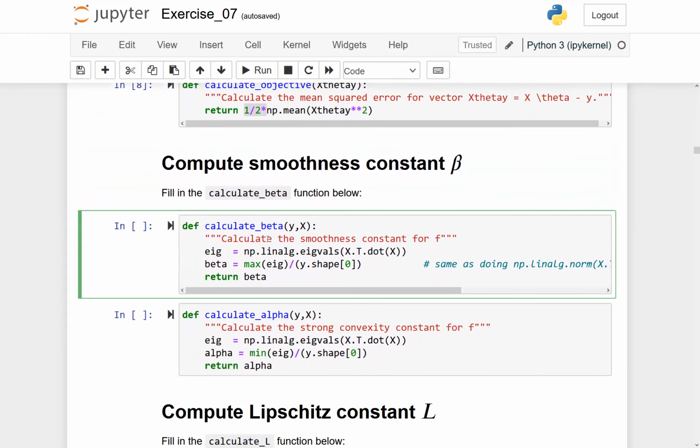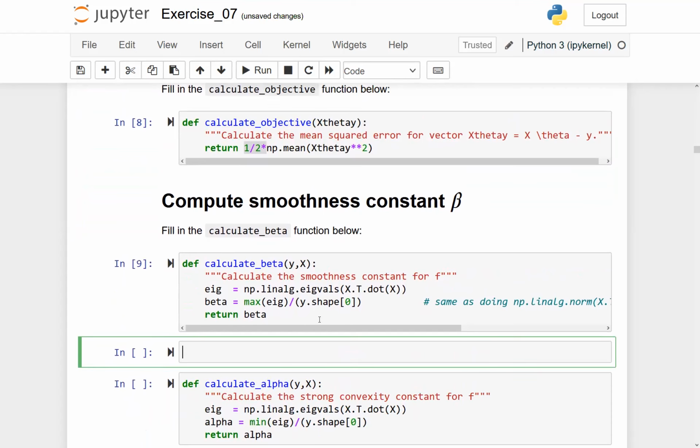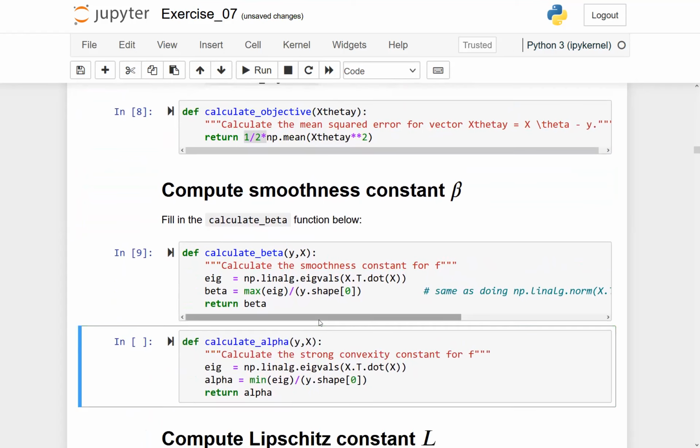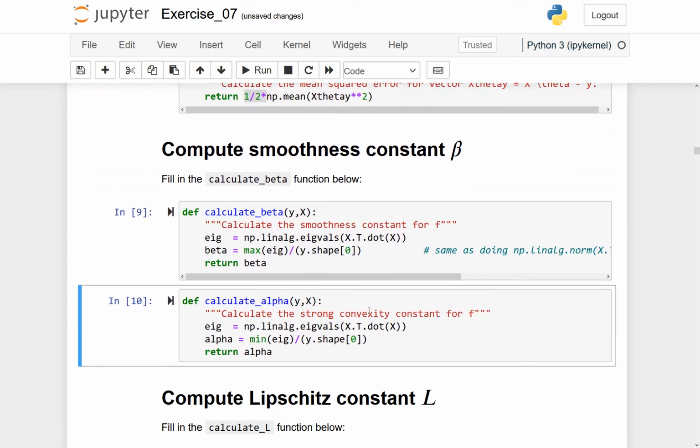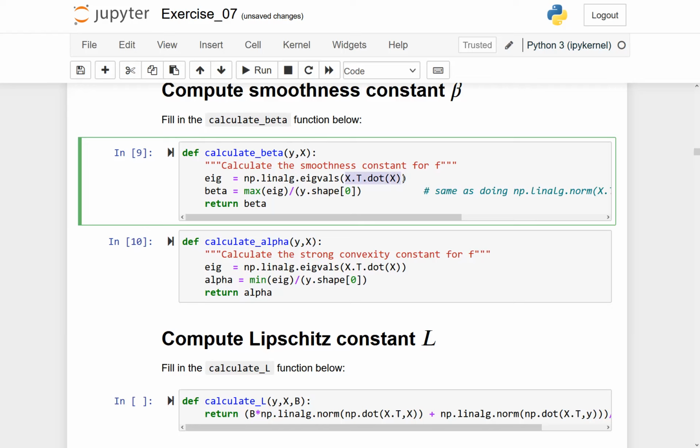Then we have these functions to calculate the smoothness constant beta and also the strong convexity constant alpha. Very similar, I explained it last time: for the beta we have the maximum eigenvalue of the matrix X transposed X, and then divide it by the number of observations.